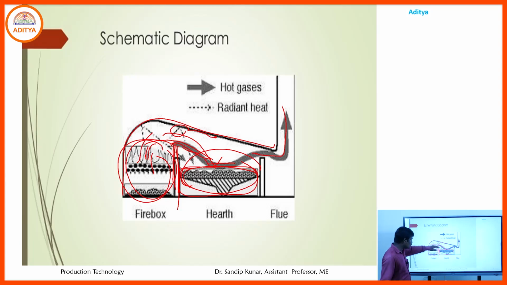Due to the continuous flow of the flue gases, the metal scrap is heated continuously and the temperature increases, and after a certain time the metal scrap reaches its melting point and melts to create molten metal. That is the schematic diagram of the reverberatory furnace.